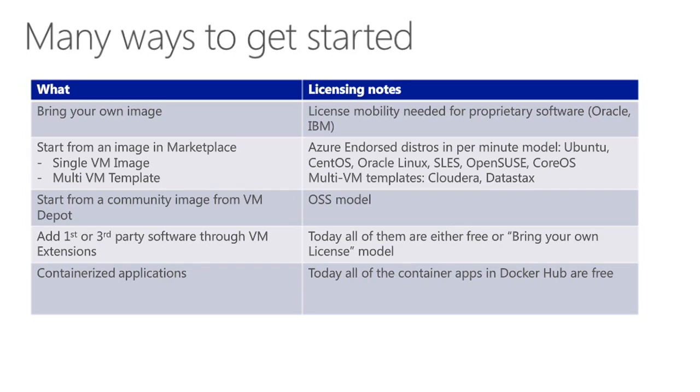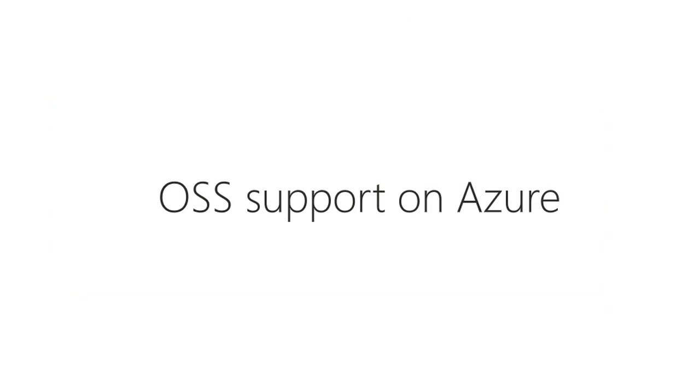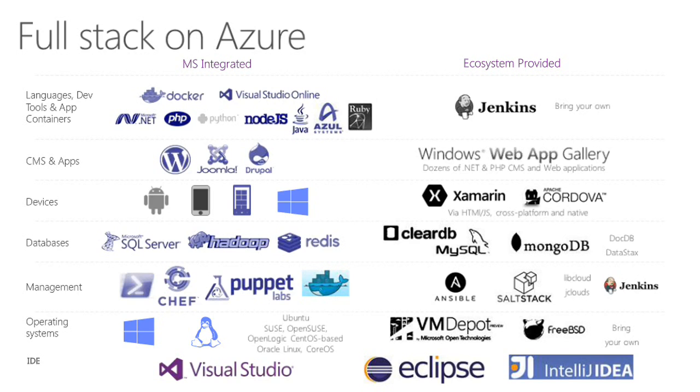Now, if I were to think about, okay, I got the operating systems, now what is beyond that? Obviously, when you talk about open source, it's much more than just your operating system. What I'm showing you in this slide is the entire diversity of the ecosystem that we support.